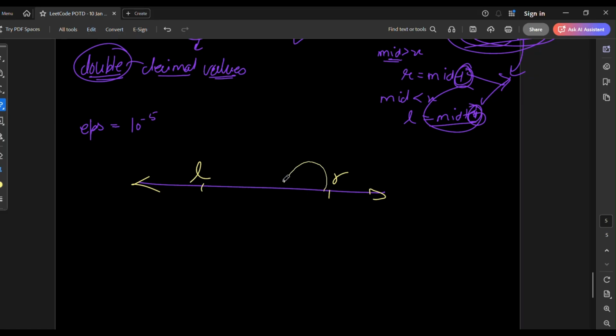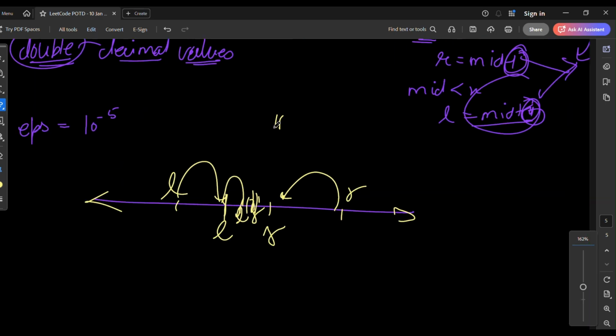So let's say r is moving in this direction, and l has moved to the next point. After some point, l and r are coming closer, and at the same point they have taken a very small space, but they are not going to match.